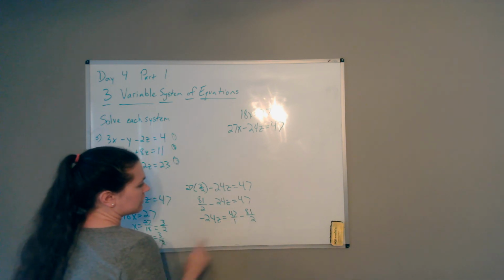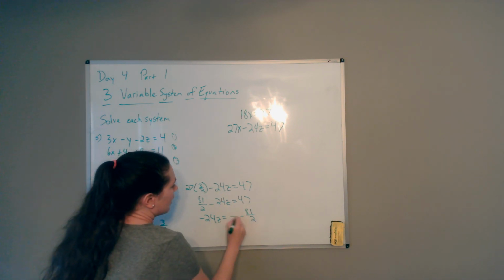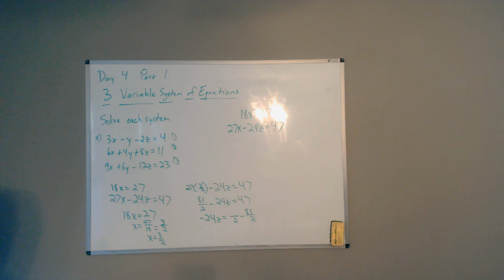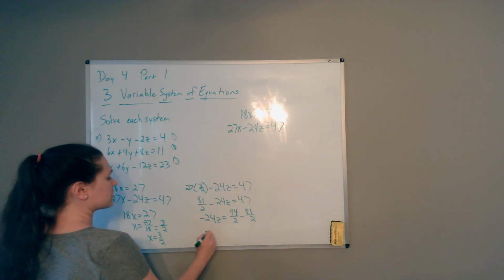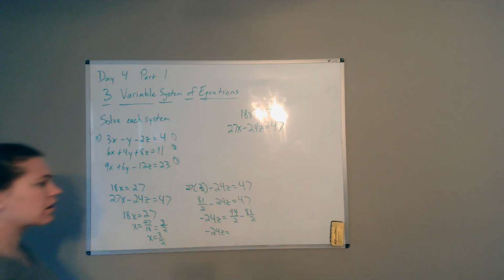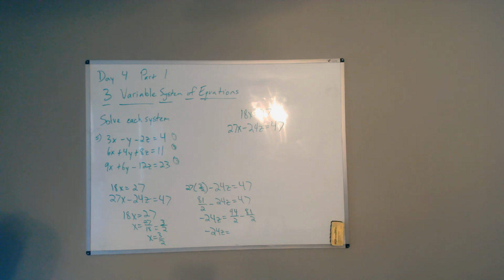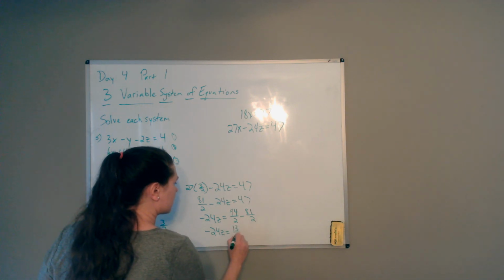So now we need to write 47 over 1 as a fraction with a denominator of 2 so that we're keeping an equivalent value but making it look different so that we can perform subtraction. So that's going to be 94. So it's going to give us negative 24z equals 94 minus 81 puts us at 13. So this is 13 over 2.